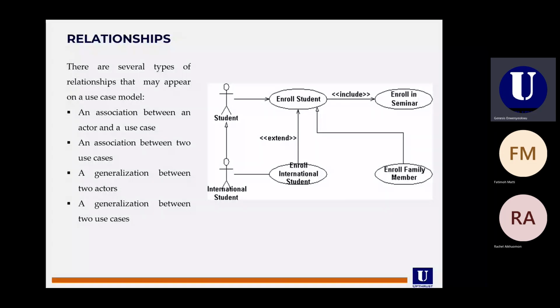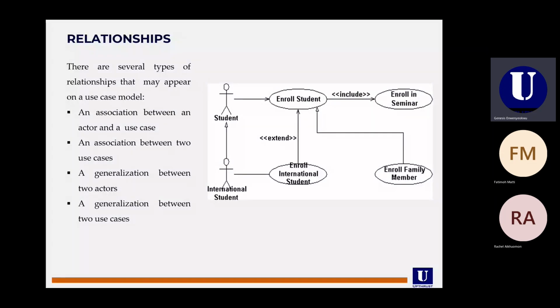So there's an association between an actor and the use case. There's an association between two use cases. There is a generalization between two actors, and there's a generalization between two use cases.